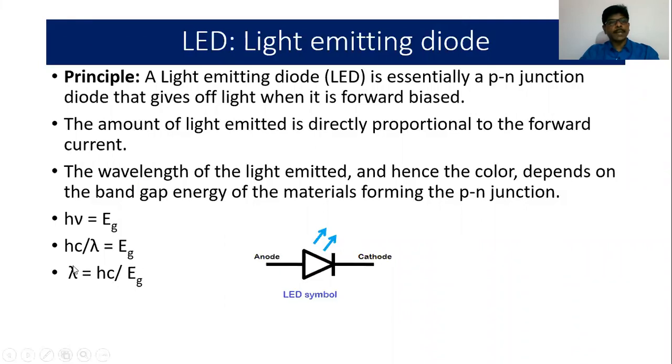So you would see lambda is inversely proportional to the energy gap. And we know that from material to material, the value of energy gap will change. So as the material changes, the energy gap changes, and hence the wavelength or color will also change. This picture shows you the symbol of an LED, wherein essentially light is given out.